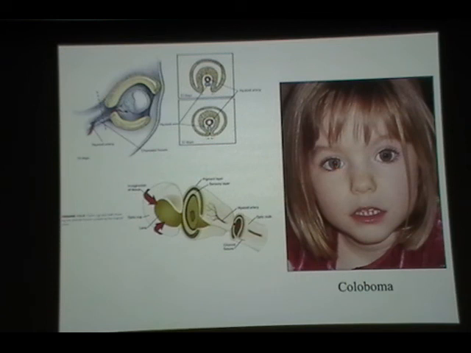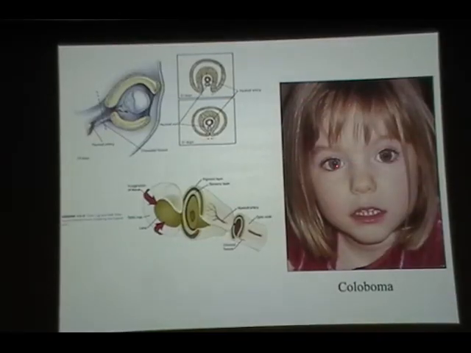This kid went missing in Portugal several years ago, and they posted this image of her all around the world because she had a very specific coloboma, very specific defect that we used to identify. So this is called coloboma. Coloboma is usually around 6 or 7 o'clock in the iris, but it can occur anywhere around here depending on what is causing the coloboma.